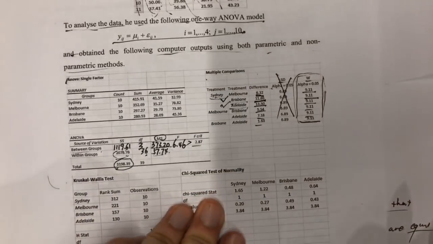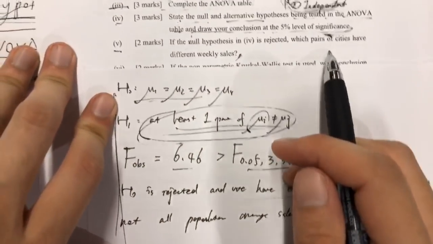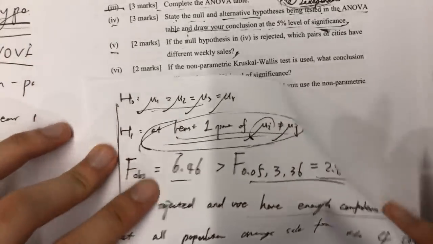Okay. Now let's see. If the null hypothesis is rejected, which pairs of cities have different weekly sales? So which pairs?